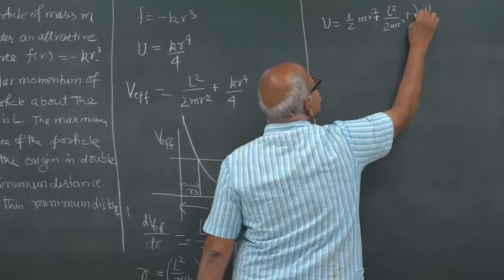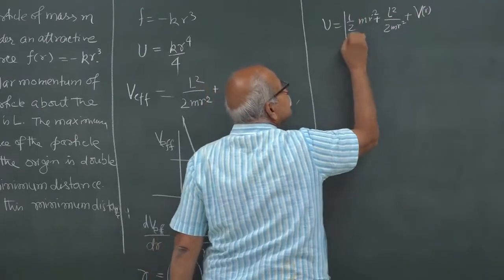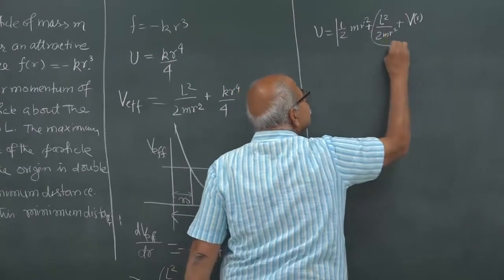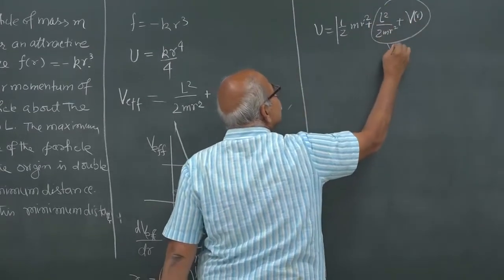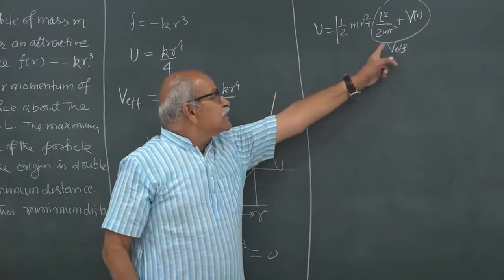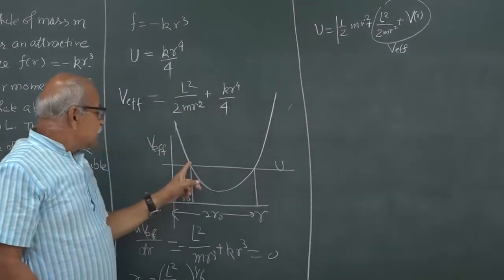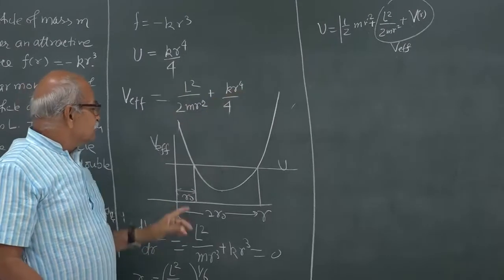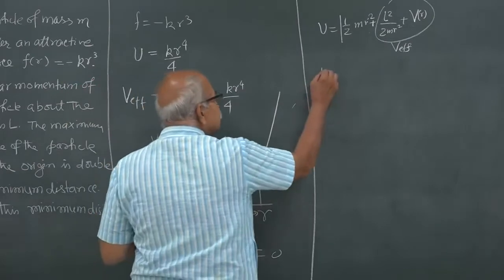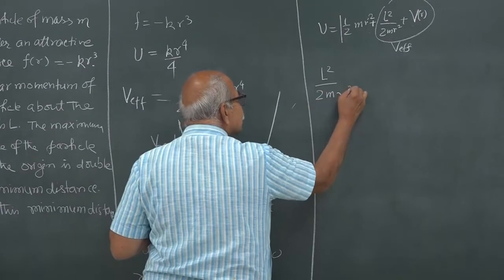So, this is the kinetic energy and this is the potential energy, but then we combine these two and write this as V effective. So, the total energy is the effective potential energy plus half m r dot square. Here r dot is 0 and the energy equals V effective. That means V effective at r naught is L square by 2 m r naught square.